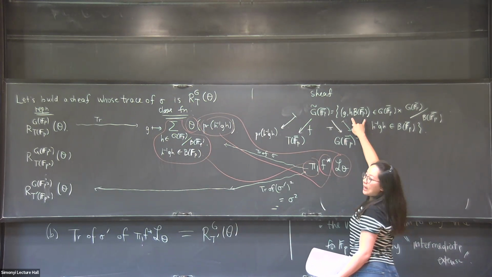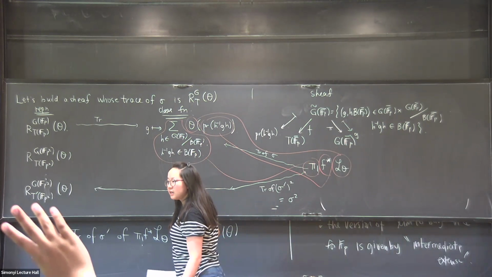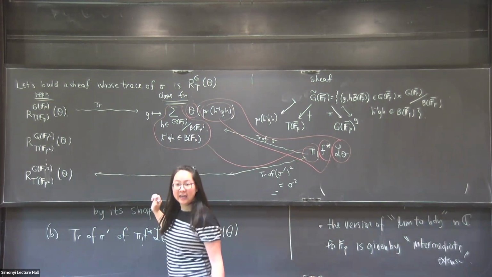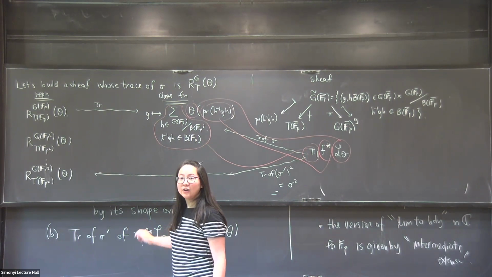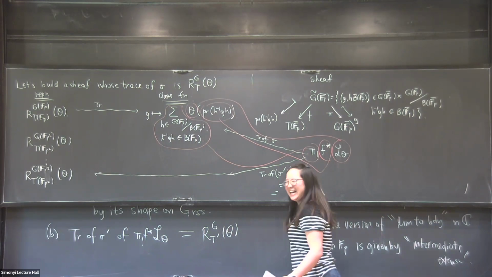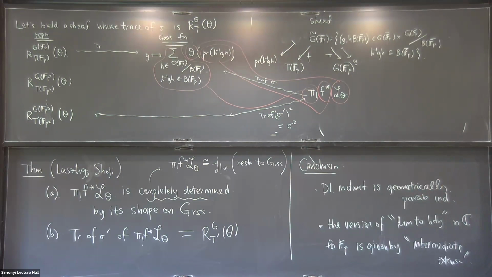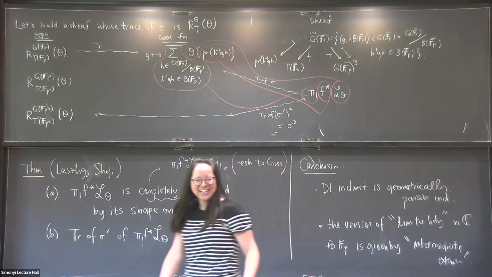They're the set of all HB satisfying this condition, which is exactly this index. It's still a question what exactly it means to take the trace of the Frobenius. Well, I won't tell you.